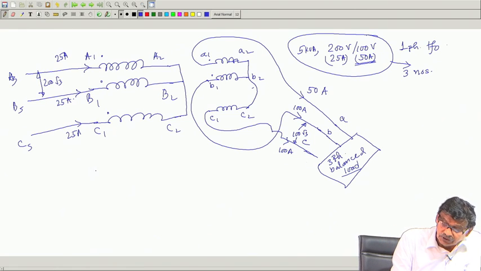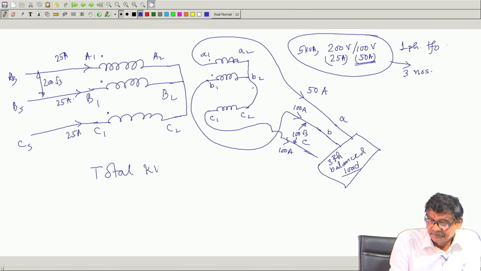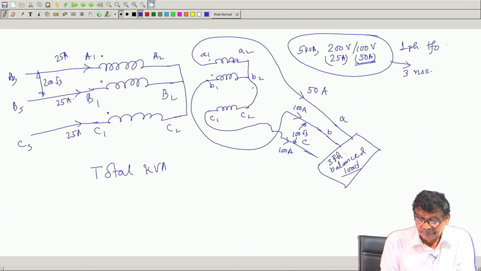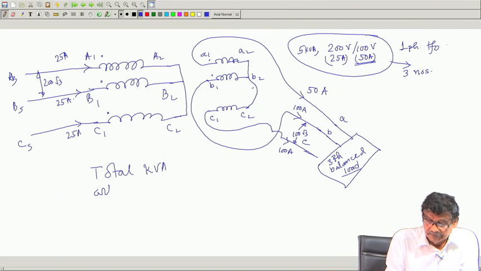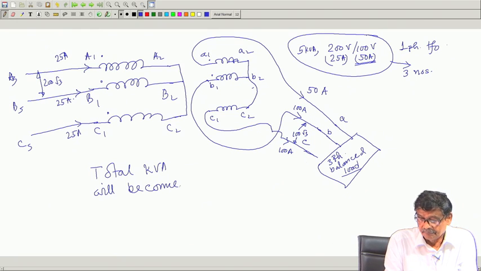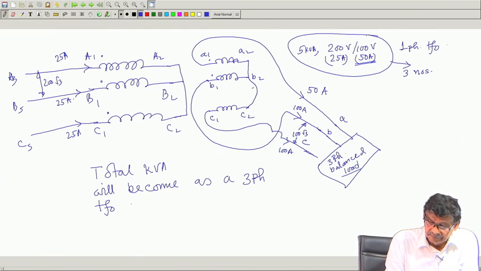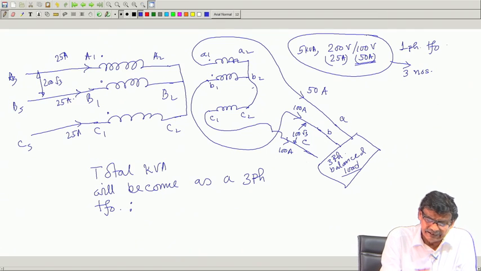Now, what is the total kVA? Total kVA as a 3 phase transformer, you can calculate from any side.